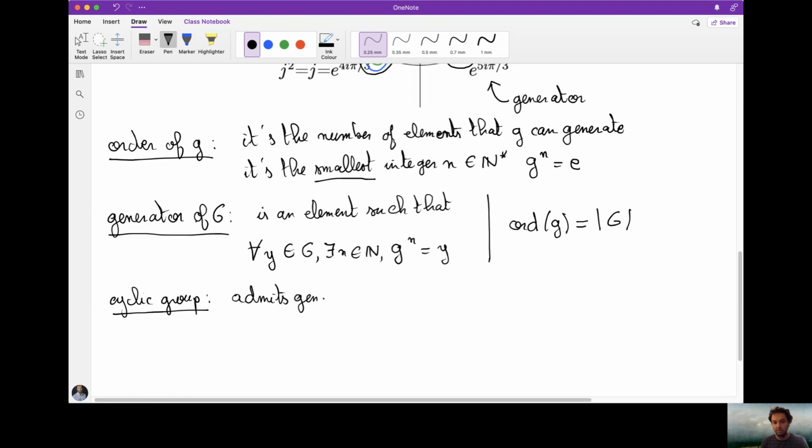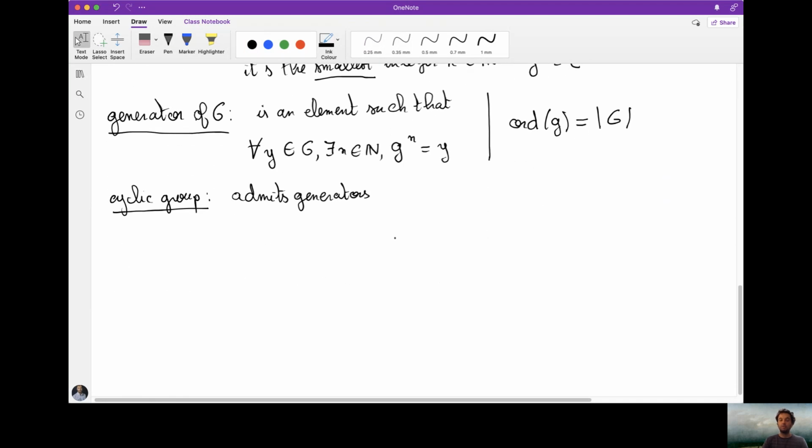And not all groups are cyclic. Okay, just to give you one example of a group that is not cyclic, and then I will give you other examples. So let's look at various examples. It's very important when you're doing mathematics to have in your mind various examples when you're thinking about something.